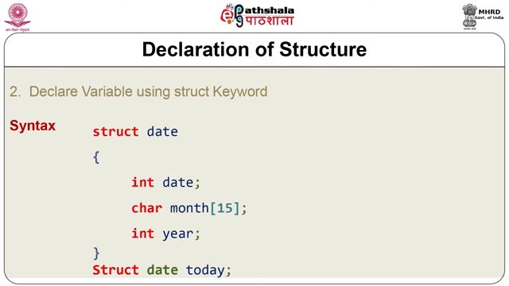Date is an integer, month is a character, and year is an integer. After the closing bracket, you are using struct date today. Today is the name of a variable which is not declared in the structure itself. It means a variable can be declared after the structure.